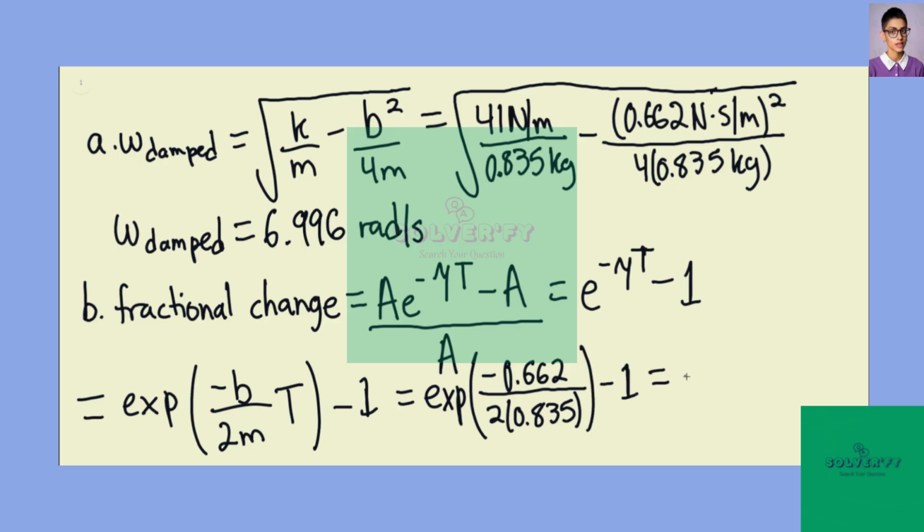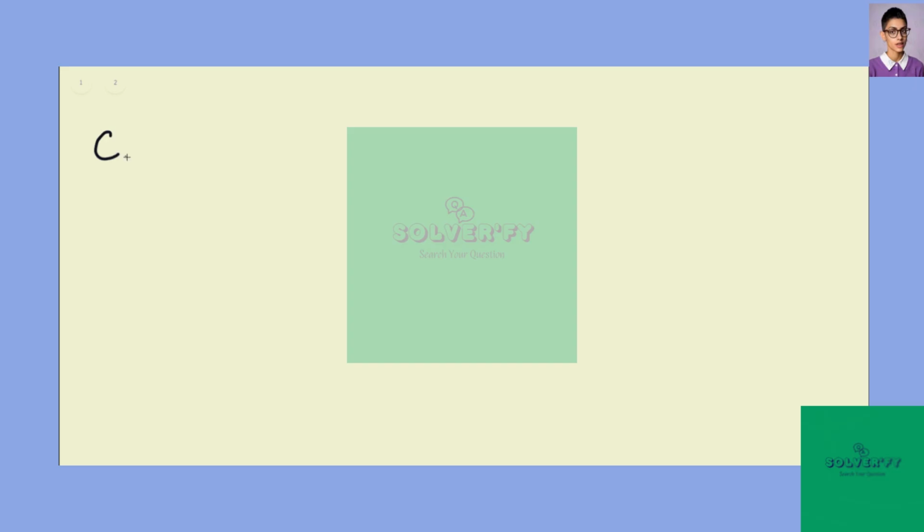And this is giving us negative 0.300. So that would be your answer for part B, the fractional change. And then for part C, they want us to find the position function with respect to time.